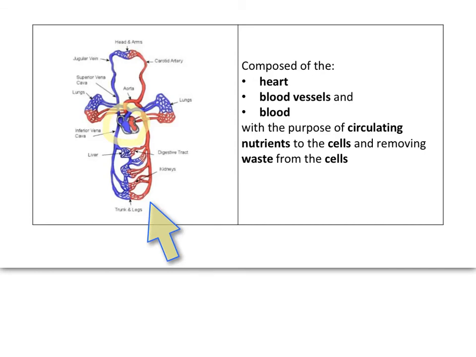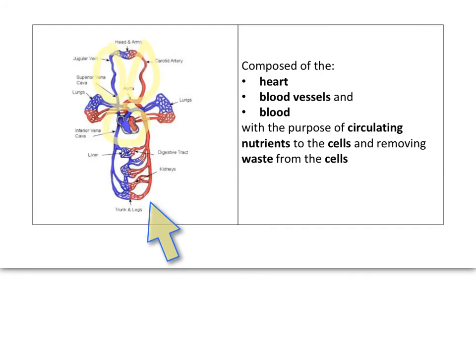We have arteries, which are our large vessels usually carrying oxygenated blood, so red blood. We have our veins, which are our large vessels that are carrying deoxygenated blood, so blood that doesn't have any oxygen, which is in blue.